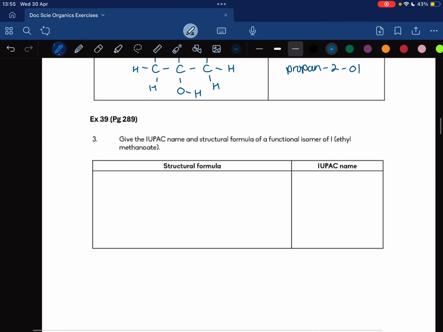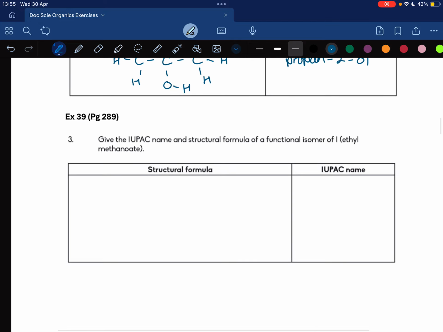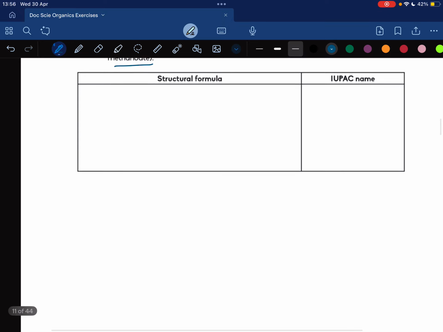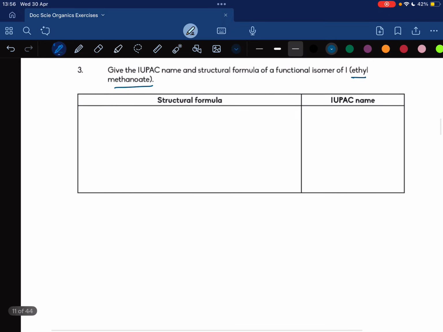Then the last one, exercise 39, number 3, was to give the IUPAC name and structural formula of a functional isomer of ethyl methanoate. Sorry if there was a bit of noise in the back. So we start, like we've been doing, by doing the structural formula for ethyl methanoate first.